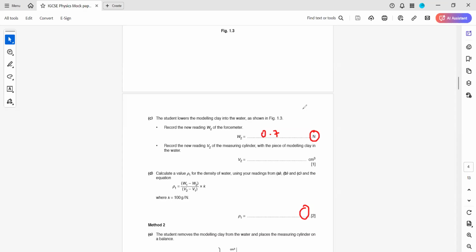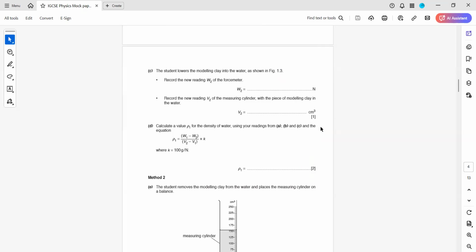If you write the unit Newton and Newton is already given, maybe the examiner will consider your value only, or the examiner may consider that the Newton is written and deduct a mark. So instead of giving the examiner an option, if the unit is not written, you should write it. If the unit is written, no need to write the unit there.